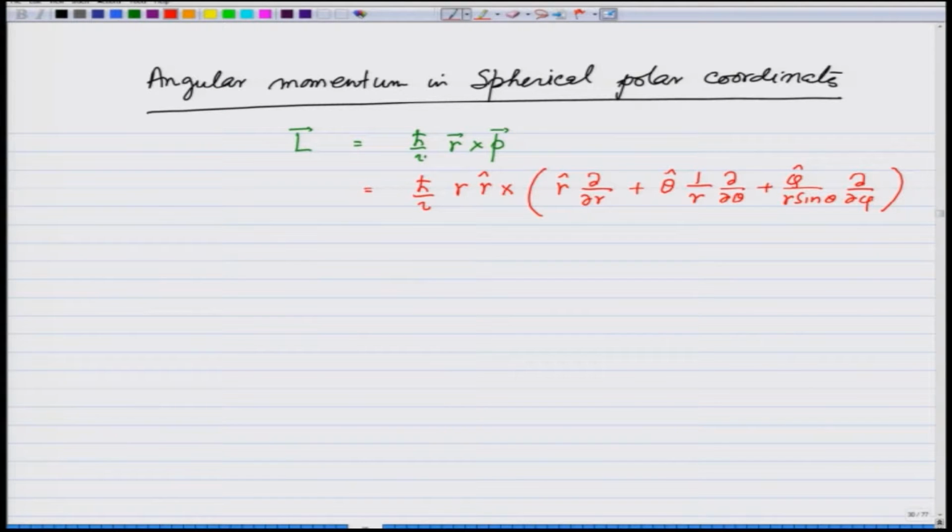This is going to be the operator, and when you write this further, it is h cross over i. Now, r cross r unit vector is 0, so that goes away, and then you get r cross theta. r cross theta is in the phi direction, so I get the phi component, r cancels, d by d theta, and then I have r cross phi. r cross phi is in the minus theta direction, so this becomes minus theta, 1 over sin theta partial with respect to phi. So, this is the angular momentum operator in spherical polar coordinates.